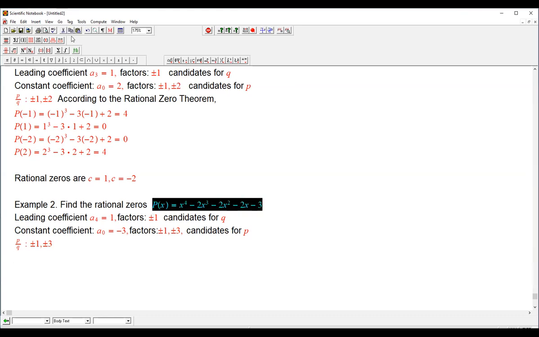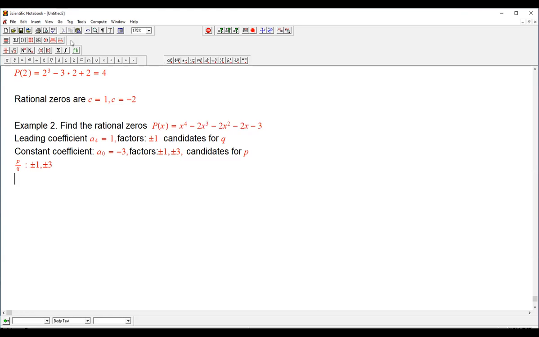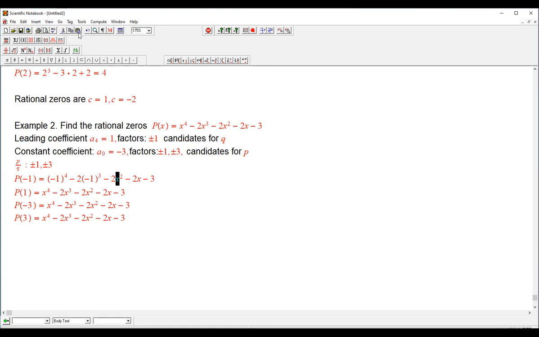We're going to plug in -1, positive 1, -3, and positive 3, one at a time. Okay, x replaced by -1, and this is replaced by 1.